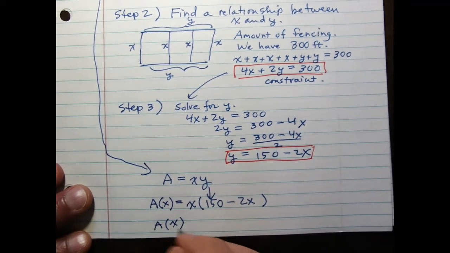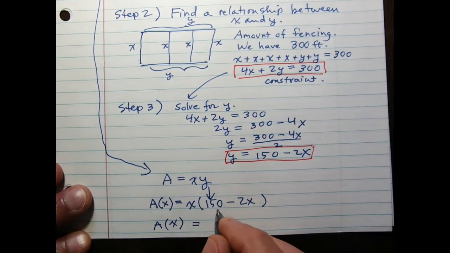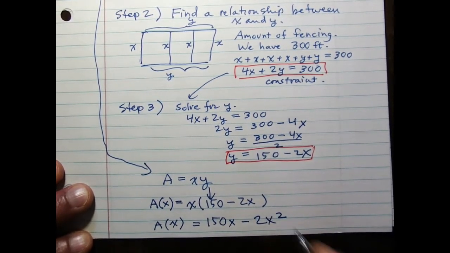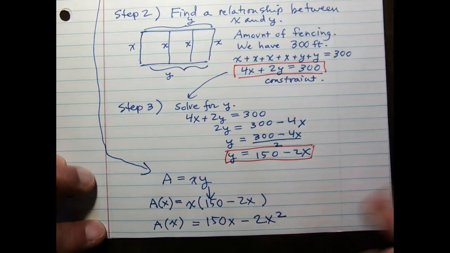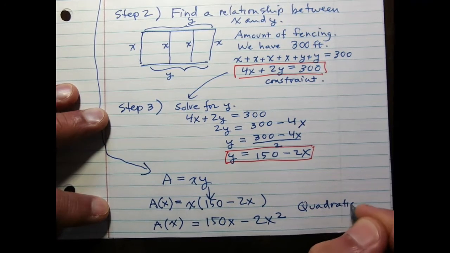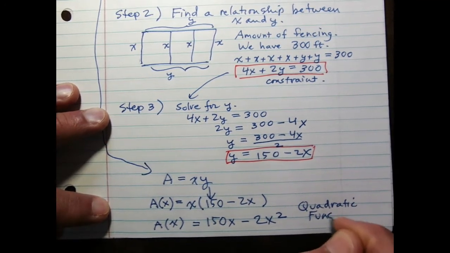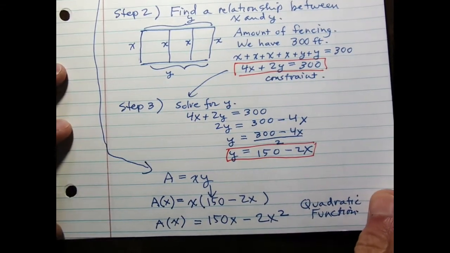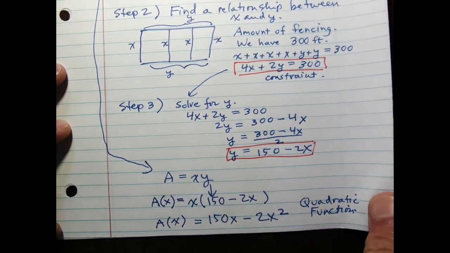A of x is equal to, I can distribute the x, 150x minus 2x squared. And I'm seeing that quadratic function up here. And so I'm feeling good about it at this point. Okay, step 3.